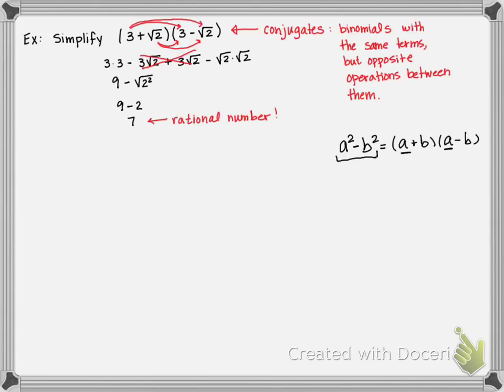Is to rationalize denominators when the denominator has more than one term. So rationalizing denominators with 2 terms.